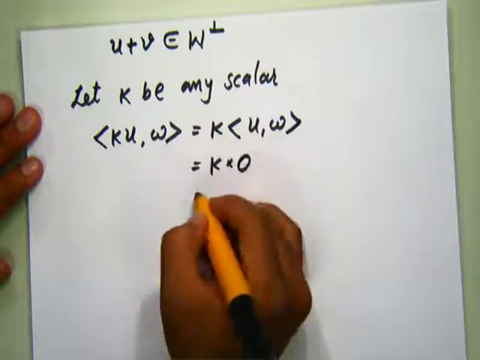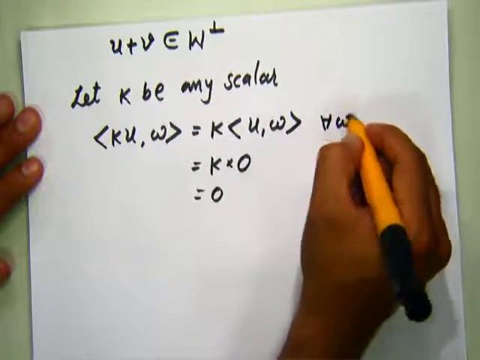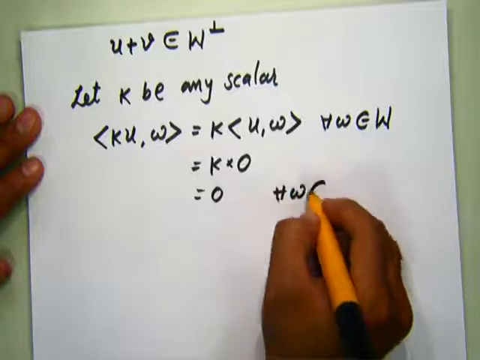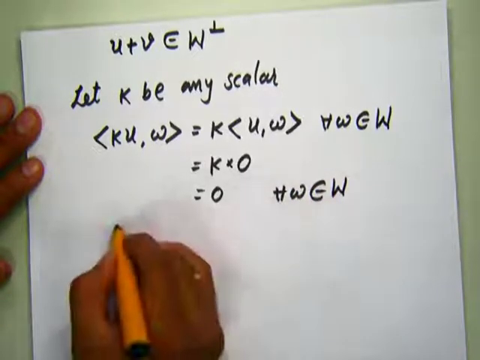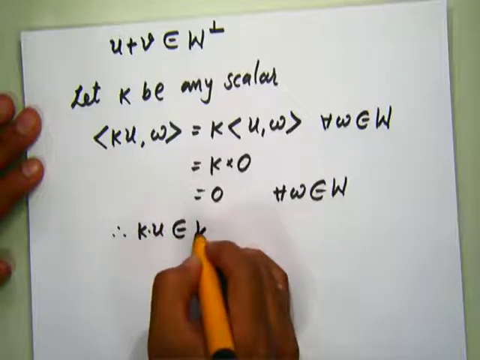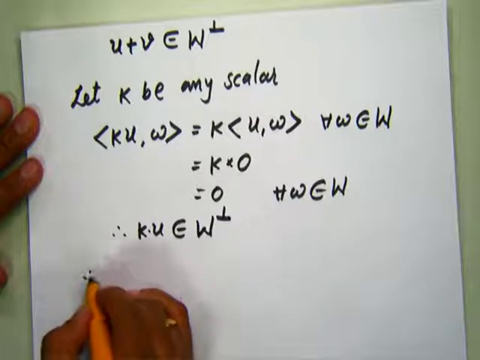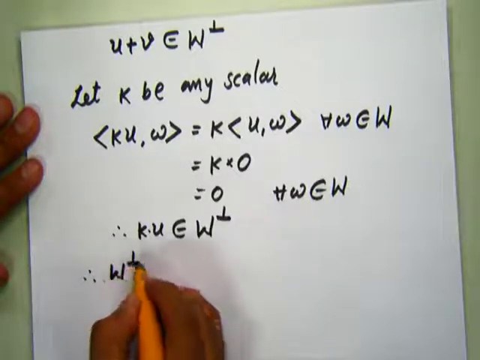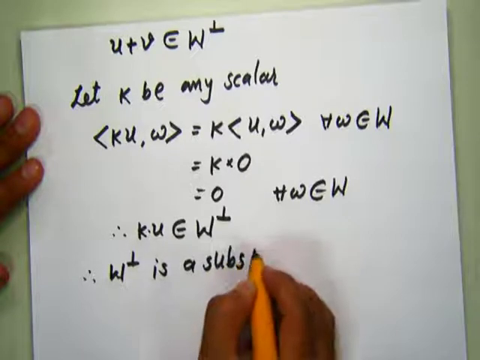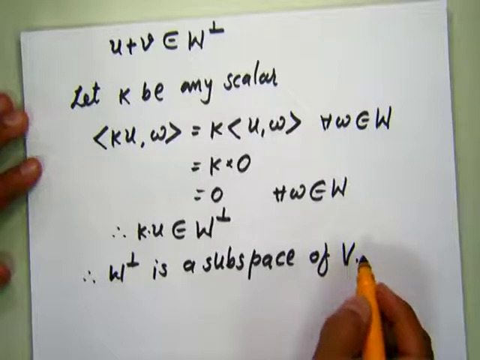K times 0 is 0 for every W belonging to W. And therefore K times U belongs to W complement, and therefore W complement is a subspace of V.